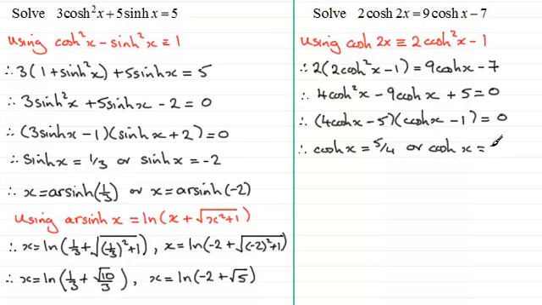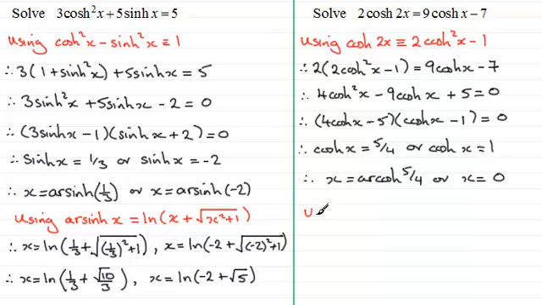That's a nice easy answer, cosh x equaling 1. So to get x, we're going to need to work out the inverse cosh of both sides. So x would equal the inverse cosh of 5 quarters, and for this one, I said that was an easy one, x equals simply 0. Now we can express something like this in terms of natural logs.